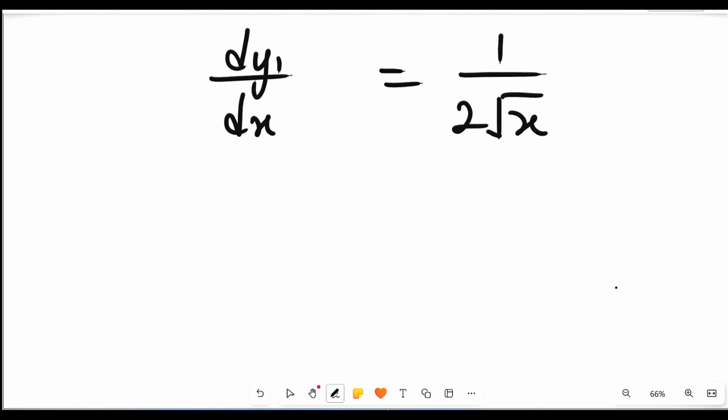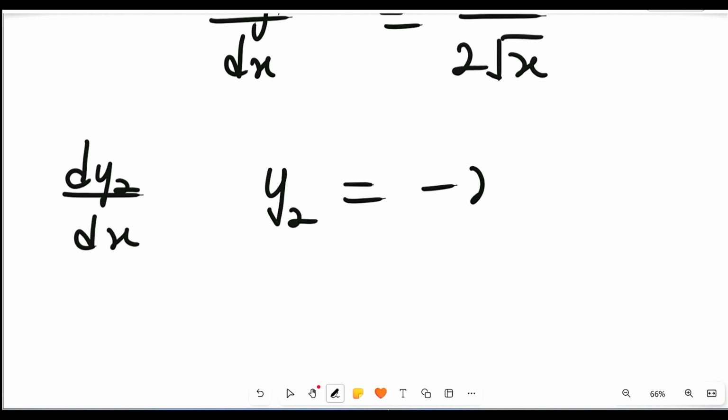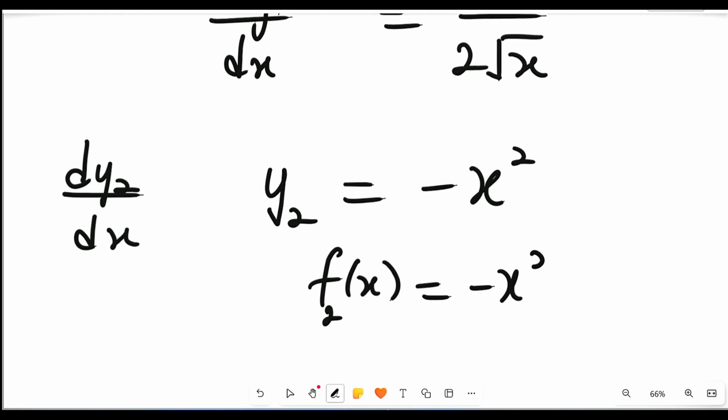So we need to now work on our dy2/dx. So let us bring back our y2. Our y2 is equal to negative x squared, and our f of x in terms of the second function will be equal to negative x squared.